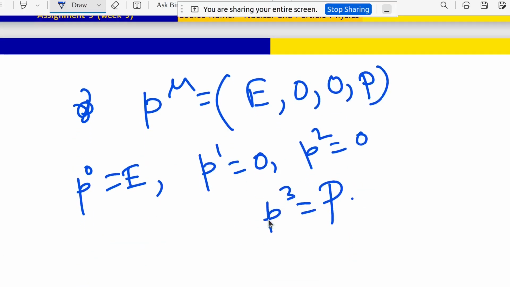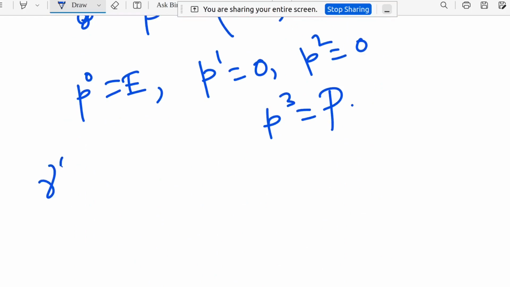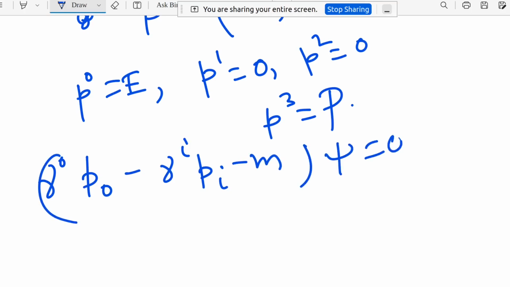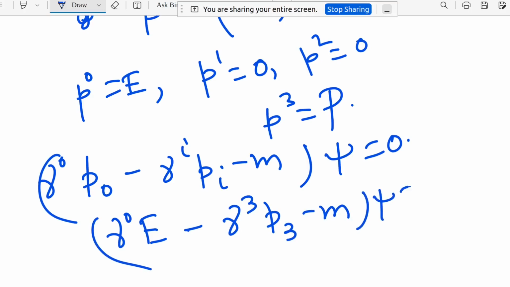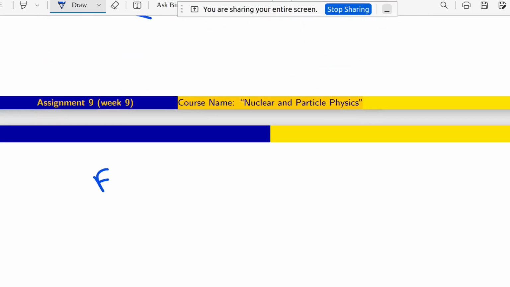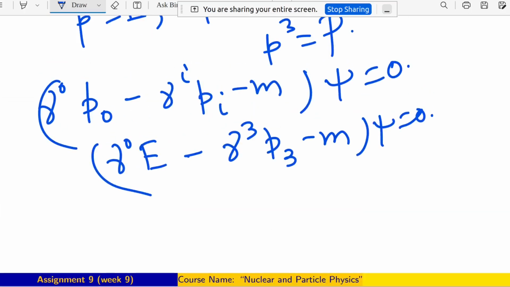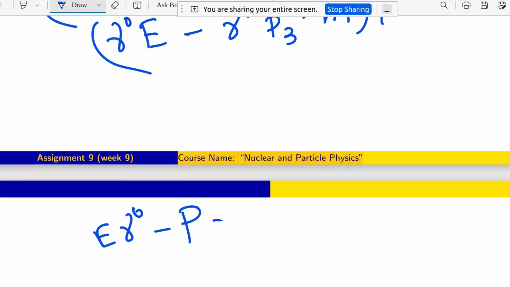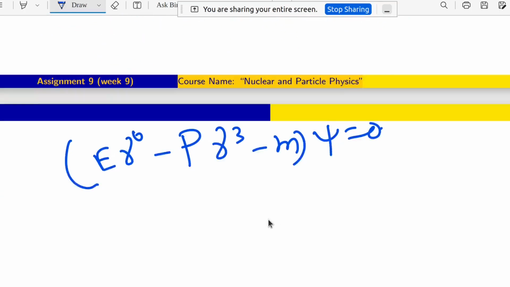So gamma 0 p0 minus gamma i pi minus m psi equals 0 will give gamma 0 E minus gamma 3 p3 minus m psi equals 0, which is nothing but E gamma 0 minus p gamma 3 minus m psi equals 0.